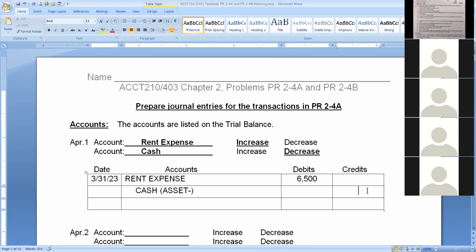I'll put this in, but if you know one side of the equation, so we know that expenses are debits, well, if debits equal credits, then whatever the other account is, it's going to be a credit, right?